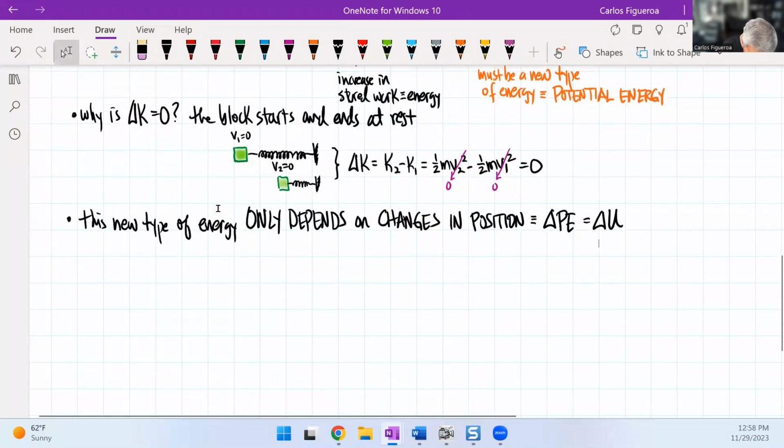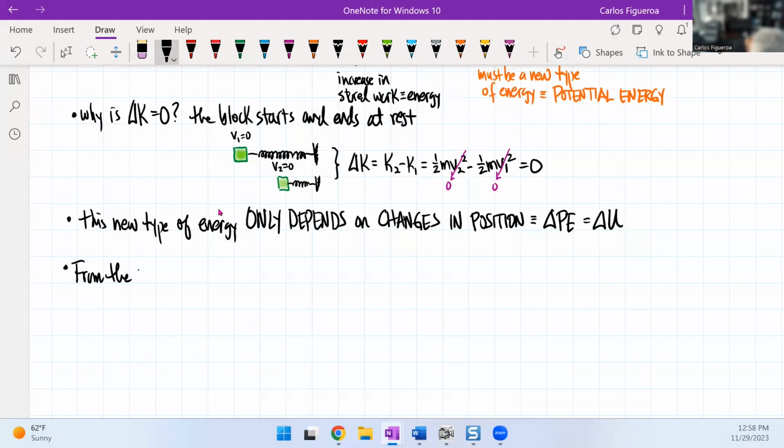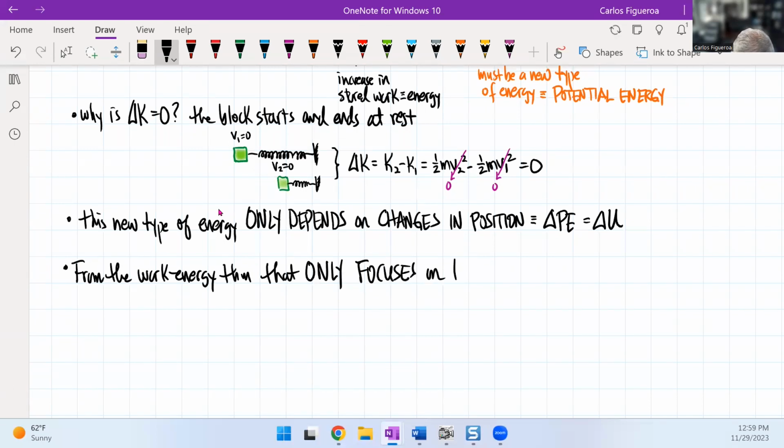From the work energy theorem, which only focuses on the spring, not my hand, we then say that we need that automatic minus sign, and this is going to be the work of the spring.